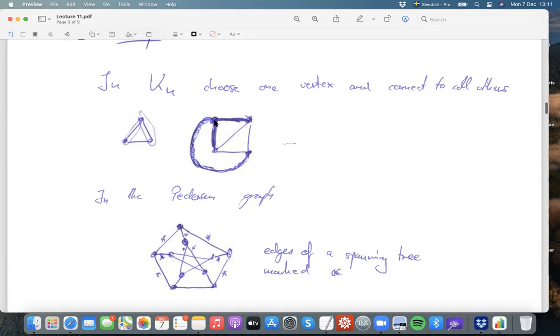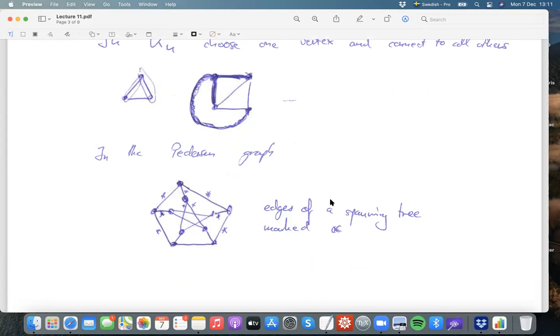For example, if you go 1, 2, 3, you'll get a path with 3 edges. This is not a bush anymore. That's a different type of trees. And in this specific case, there are only 2 types, either a bush or a path of length 3. But as soon as you go to K5 and K6, you see that the number of possible types of trees with a given number of vertices will increase quite quickly.